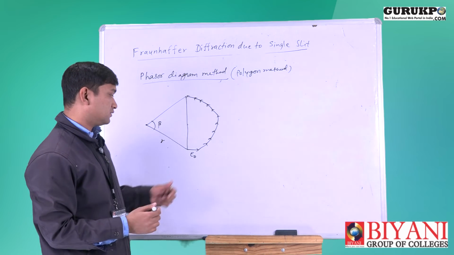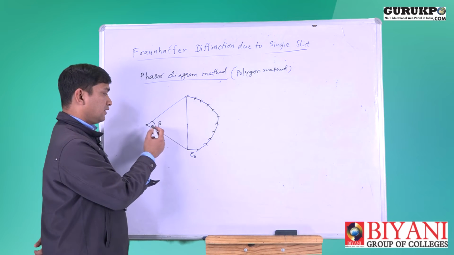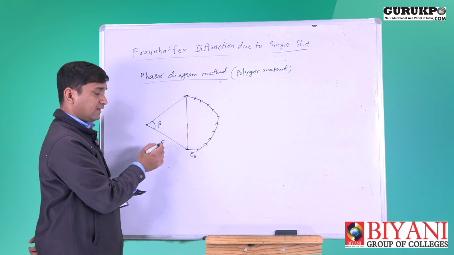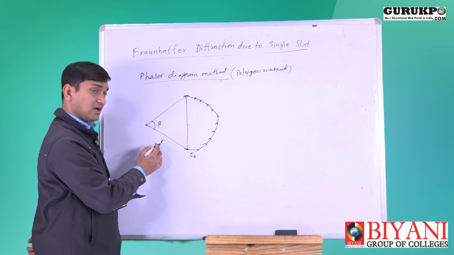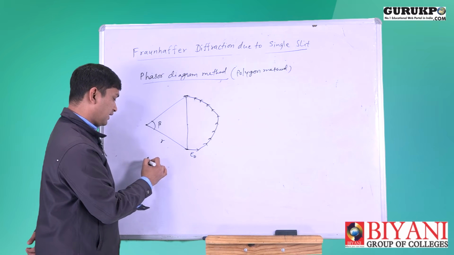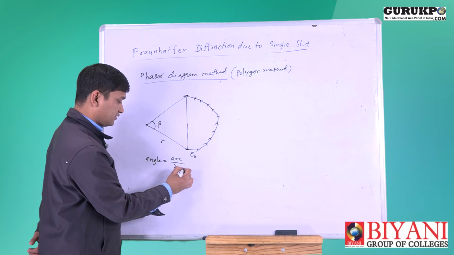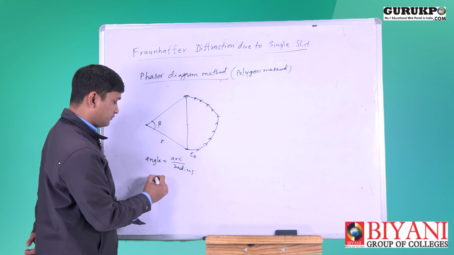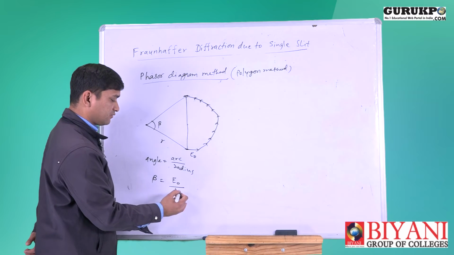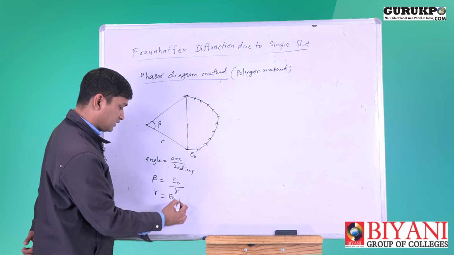The angle subtended is beta and the radius is r, so angle beta equals arc upon radius. So beta equals E0 upon r, and the radius r equals E0 upon beta.